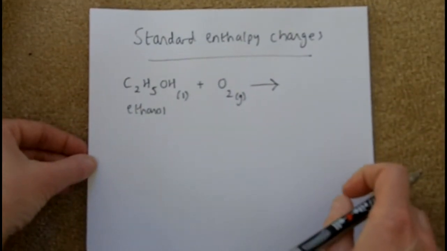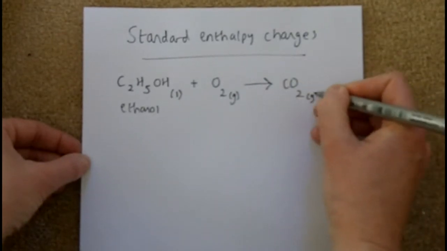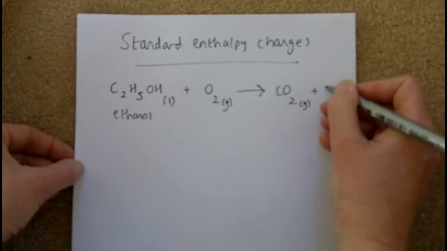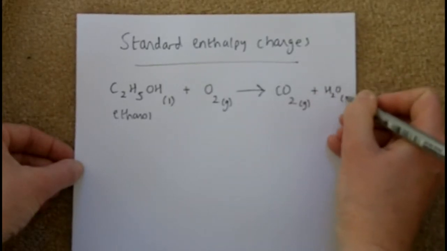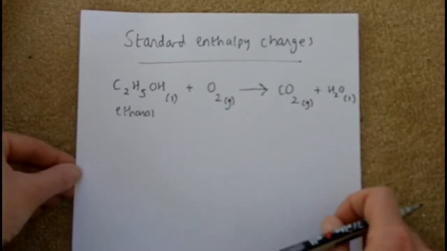Ethanol plus oxygen is going to make carbon dioxide gas. The state symbols are really, really important. And water liquid. Okay, it's the states at room temperature.